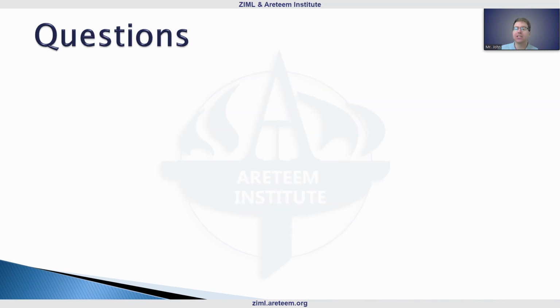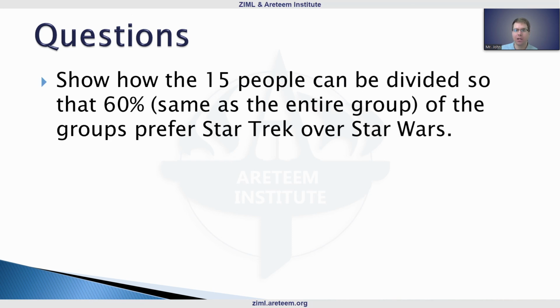Now, questions to think about this week, which we will answer in the next video. Show that the 15 people can be divided so that exactly 60% of the groups prefer Star Trek over Star Wars. So you can divide the groups so that the same result happens. 60% of the people preferred Star Trek, and this translates to 60% of the groups preferring Star Trek.